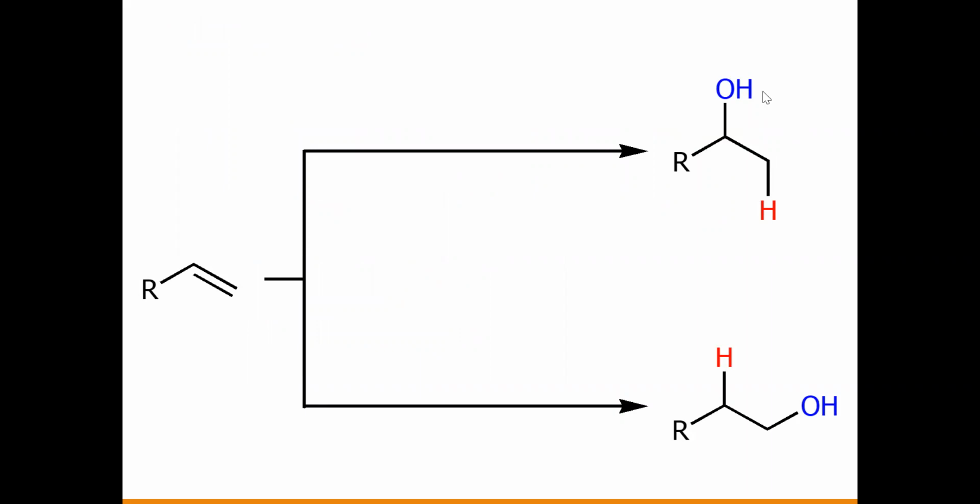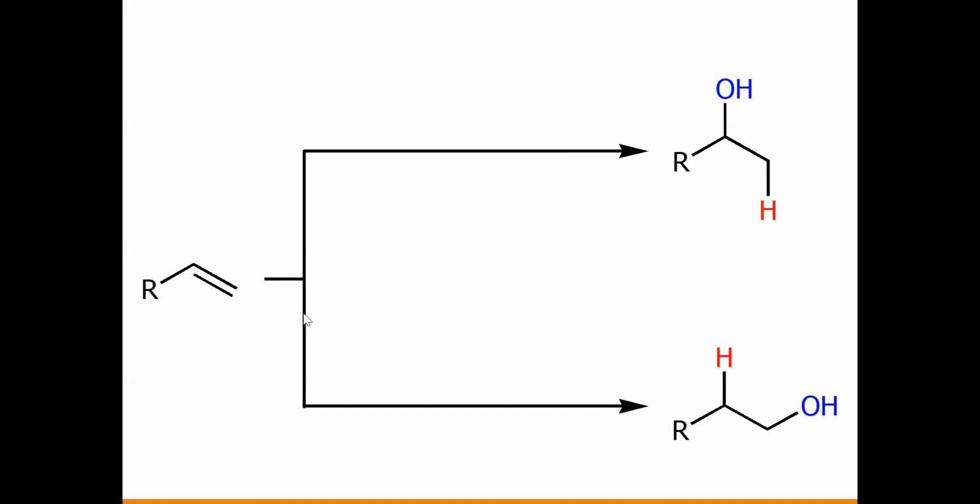Okay, so remember, if you have your double bond here, there are 2 kinds of alcohol that can be obtained. One is where the OH is added to the carbon containing the higher number of hydrogens, and the other is where this carbon has the hydrogen added and the other carbon containing the R has the OH added.